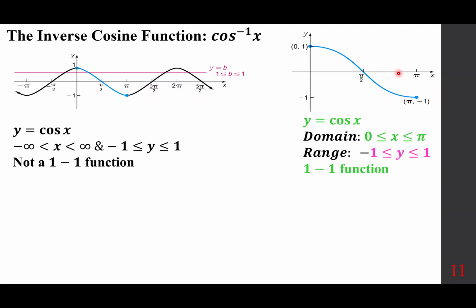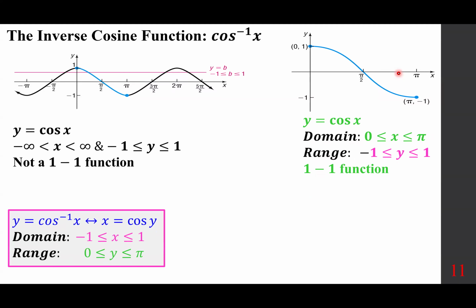This has an inverse. So we are going to write y equals cosine inverse x, x is cosine y. For the domain of cosine inverse, you put the range here, between negative 1 and 1. And the domain of 0 to pi for cosine becomes the range of 0 to pi for y. Let's look at those 3 points that I mentioned. 0, 1 becomes 1, 0.